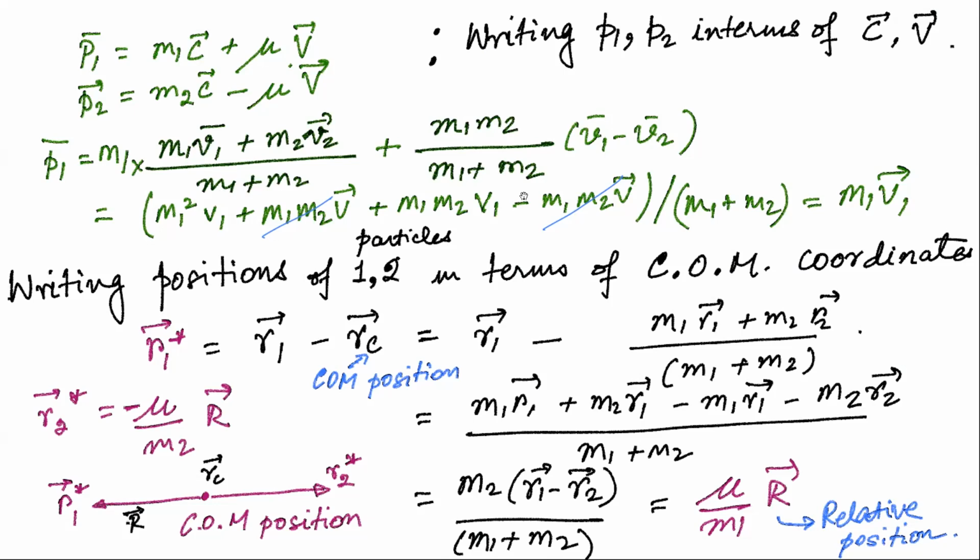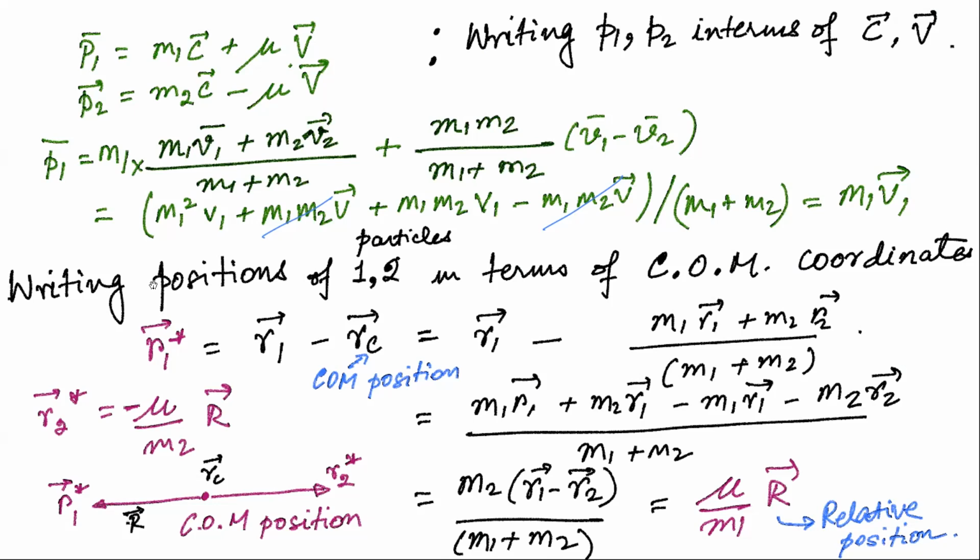Then you can just expand this and you can show that this is equal to M1 V1. So this is a valid term, and similarly you can show that P2 can be written as M2 C minus mu V, right?